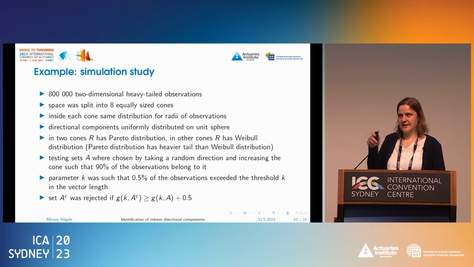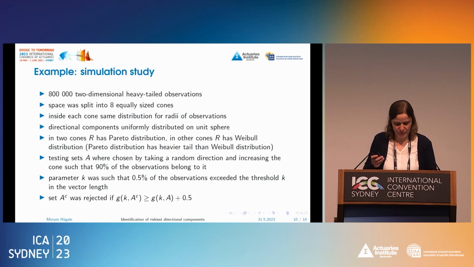And actually, the directions of the random vectors were equally distributed in the whole space. And we decided that 2 of these cones will have this Pareto distribution, and the other cones will have a Weibull distribution.